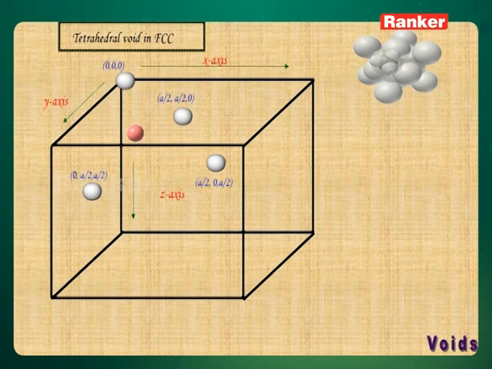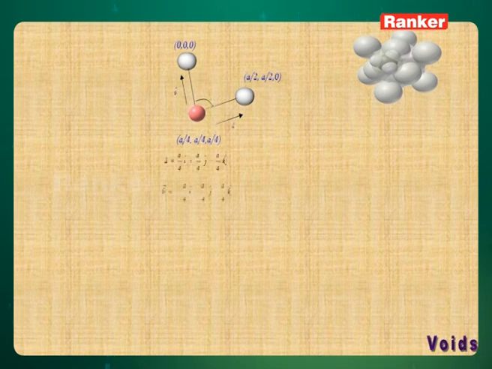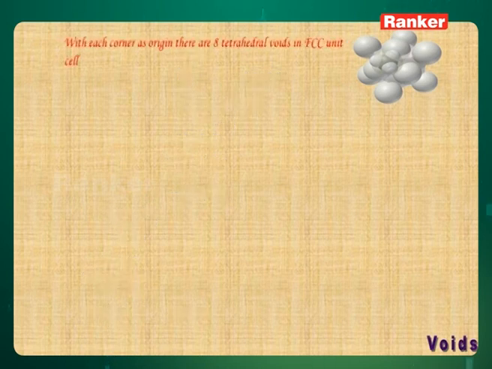These 3 spheres are face centers. Then the red ball is the one along the body diagonal, at a distance of a by 4, a by 4, a by 4. If you draw a diagonal from the white ball at 0, 0, 0 to the opposite corner along the body, the red ball is present along that body diagonal. This is how the tetrahedra are placed, and that angle you can measure, but this calculation is not that important for us.